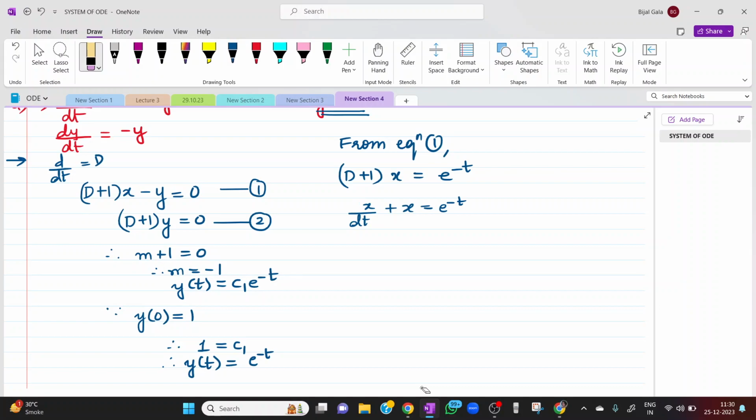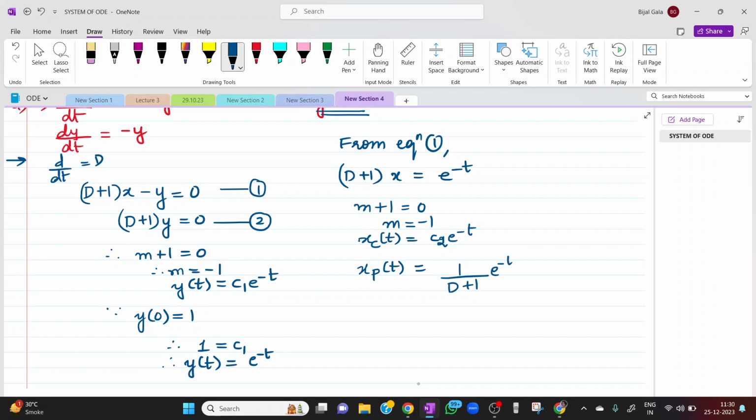If I do it by auxiliary equation, I'll get m plus 1 equal to 0, so m is again minus 1. The complementary function will be c1 e raised to minus t. Okay, c1 is already used, so let me use c2. And the particular integral: how will you calculate it here? 1 upon D plus 1 applied to e raised to minus t. If I use the shortcut method, I substitute minus 1 in place of D, so the denominator becomes 0.